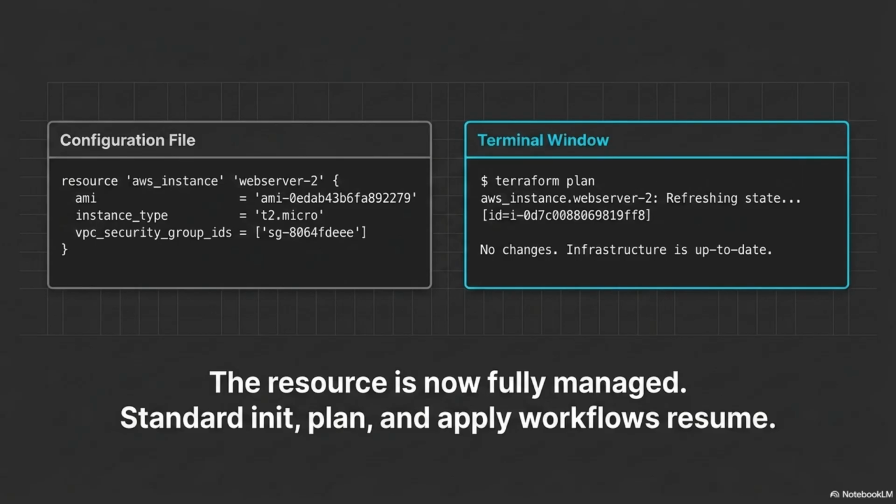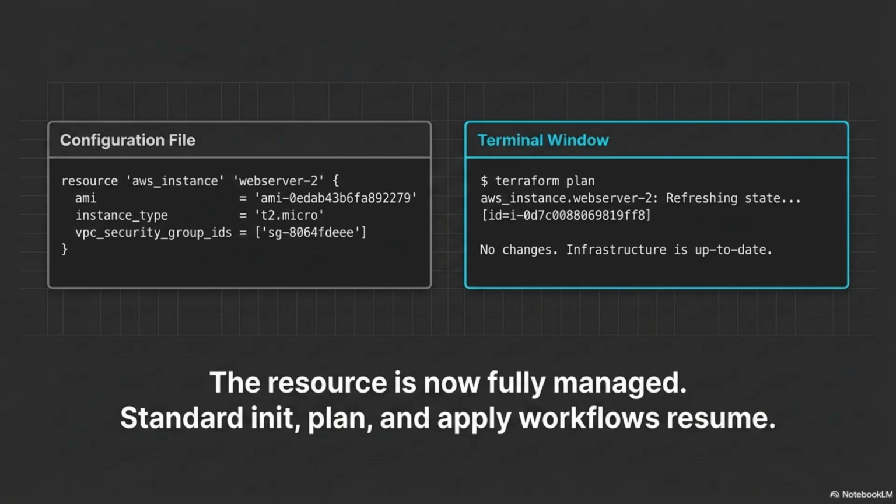Post-import verification. The moment you've completed alignment and terraform plan comes back clean, everything has changed for that resource. Your configuration file now shows the full resource block, AMI ID, instance type, VPC security group IDs, all matching reality. The terminal shows aws_instance.WebServer2 refreshing state from the actual instance ID in AWS, and then, no changes.